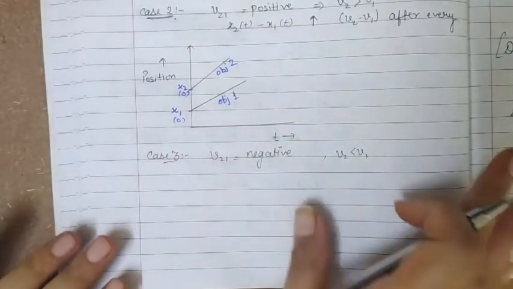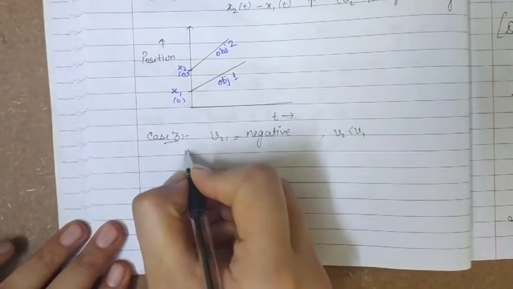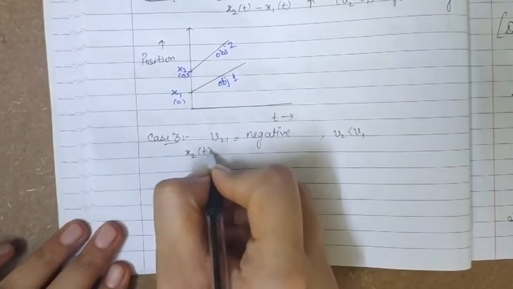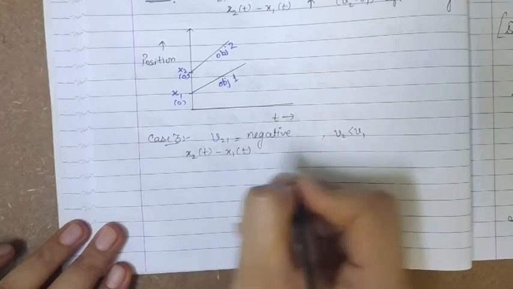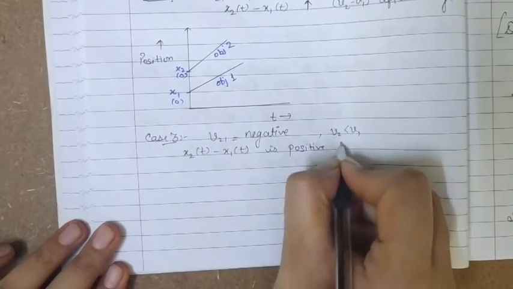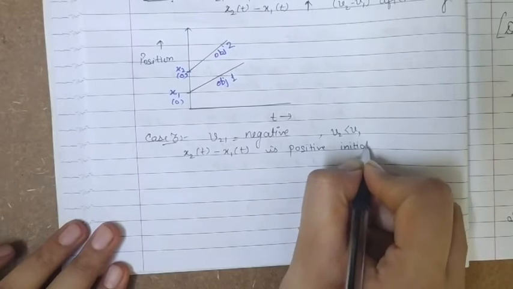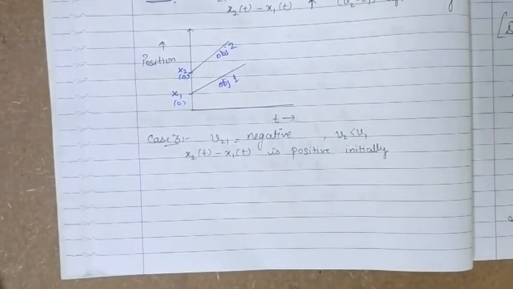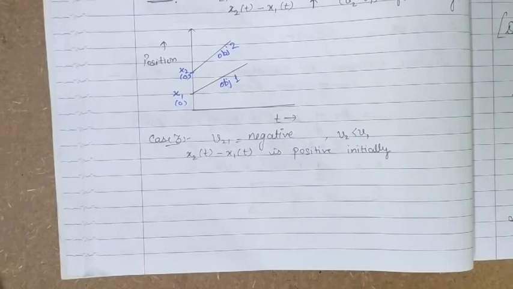So what we have is, in this case the relative separation x2(t) minus x1(t) is positive initially, which means objects are moving with their velocities, but the second object is slower in comparison to the first one.